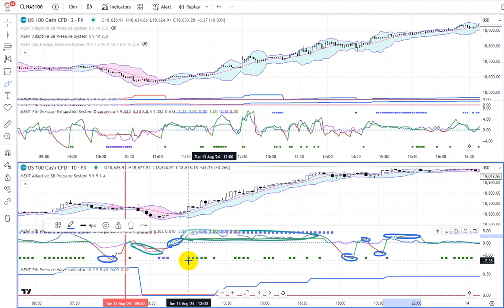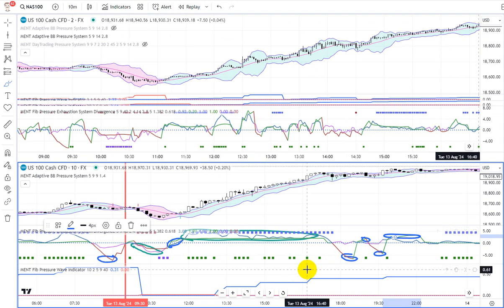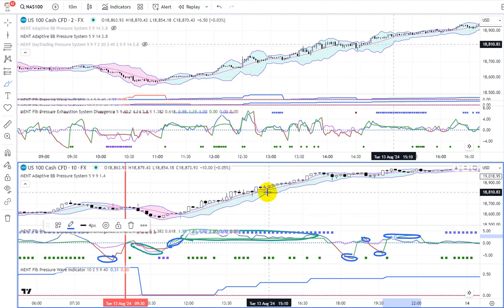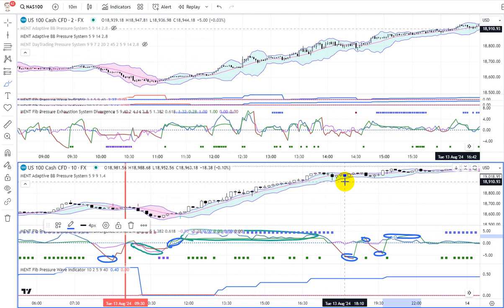So you can see here, 1, 2, 3, 4, 5, 6, 7, 8, 9, 10, 11, 12, 13, 14, 15, 16, 17 potential re-entry or re-attack phases in this big, beautiful uptrend. And then they quit right at the top, become a little less frequent, and then we roll over into this flash trend, which really kind of stalls out.